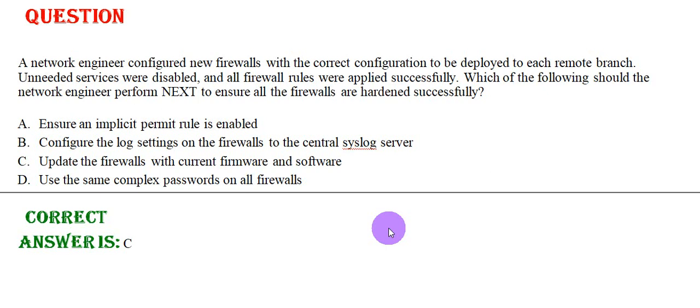Option A, ensure an implicit permit rule is enabled. Option B, configure the log settings on the firewalls to the central syslog server. Option C, update the firewalls with the current firmware and software. And option D, use the same complex password on all firewalls. The correct answer is option C.